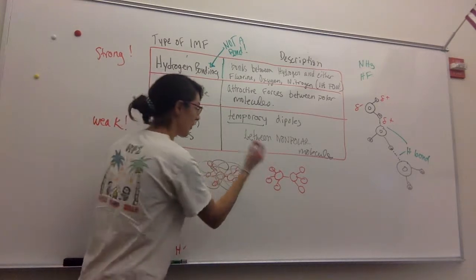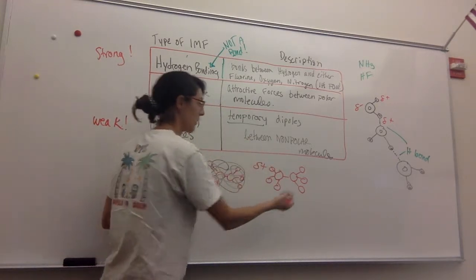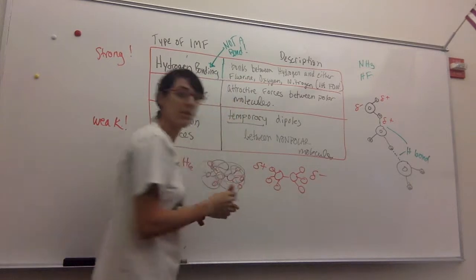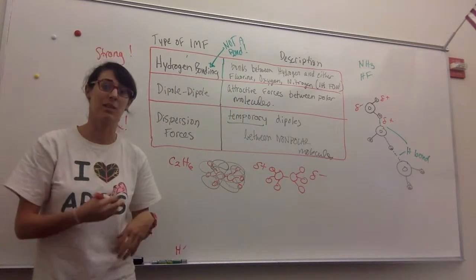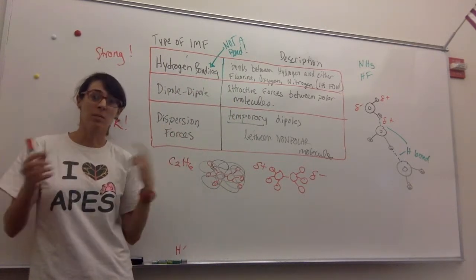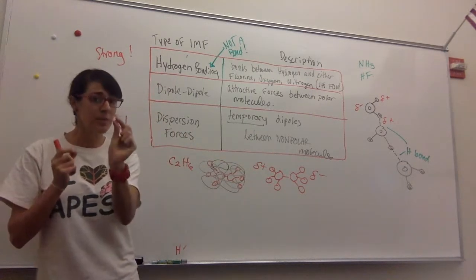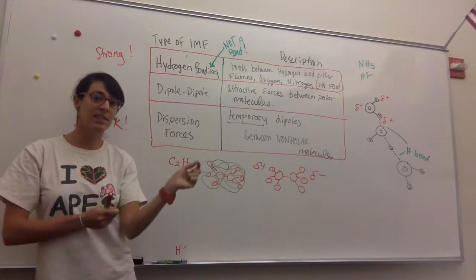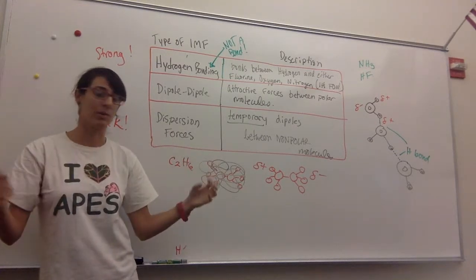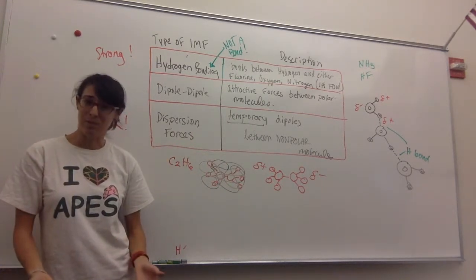So, for one split second, you're going to have a positive charge on this side, and for the same split second, a negative charge on the other, depending on where the electrons are. All of the molecules are like that. So this guy is going to just very, very briefly be attracted to another molecule, and then it's broken, and then it's there, and then it's broken. I hope that sort of makes sense.